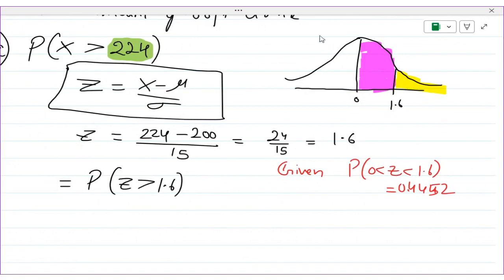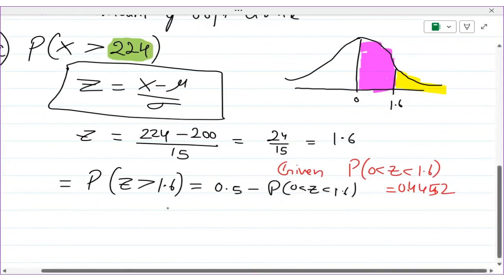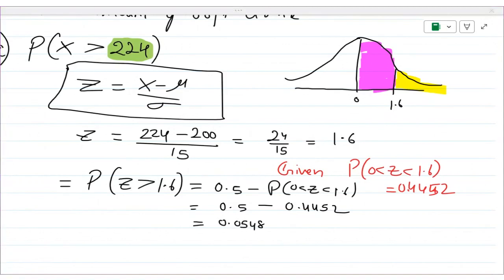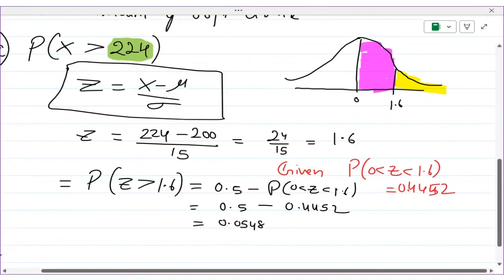So to find the yellow probability we do 0.5 minus the pink, the probability that z is between 0 and 1.6. So 0.5 minus 0.4452 is 0.0548.